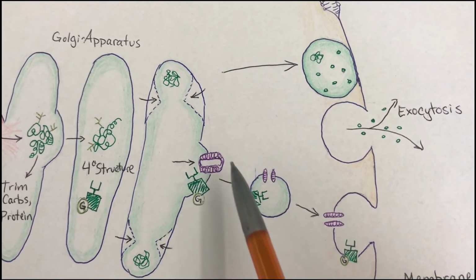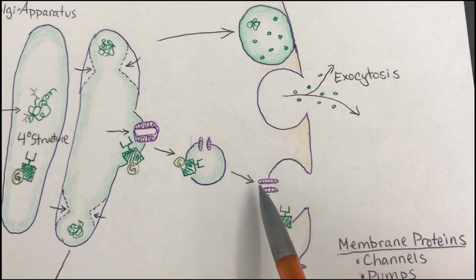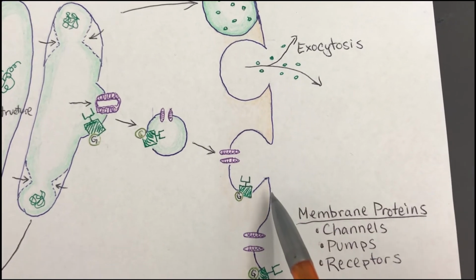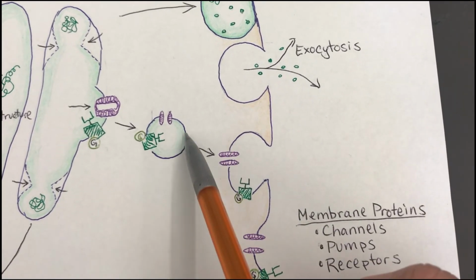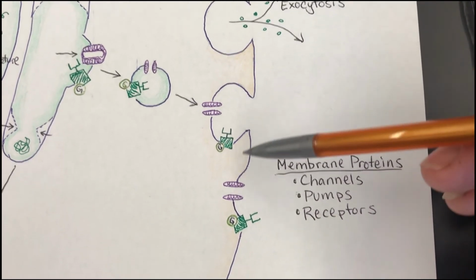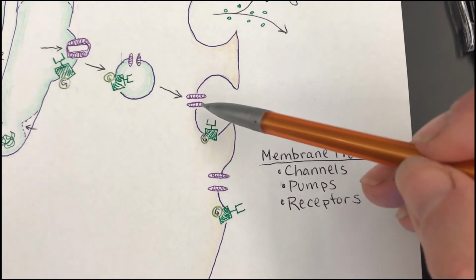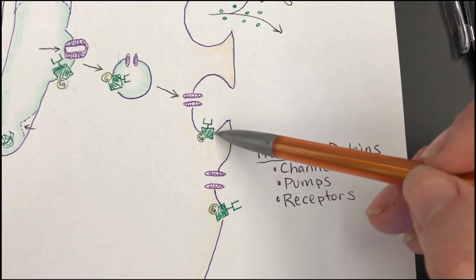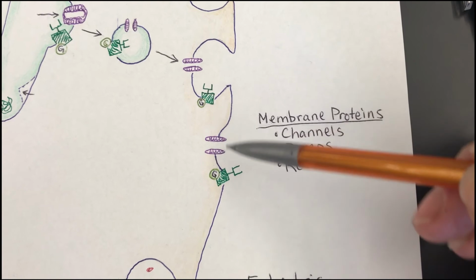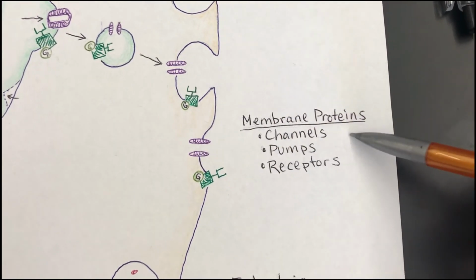A vesicle is formed, transported to the surface of the cell, fuses with the surface of the cell, and essentially this vesicle membrane is now part of the cell's membrane itself. Okay, so here we can see the channel protein, here we can see the receptor protein, and ultimately now the channel and the receptor are part of the membrane.